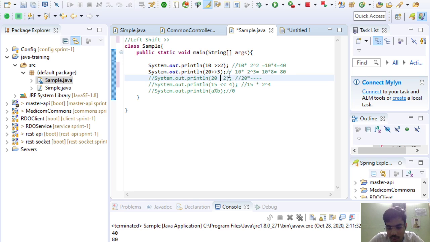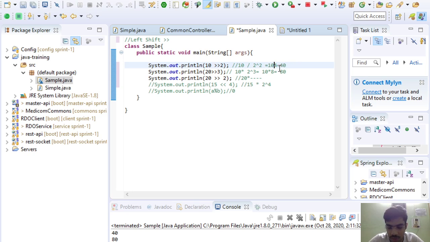Okay, let's add that also. What is different is that in the left shift operator we multiply. Here we will divide. The main difference is that the right shift operator divides. If you want to understand it in a practical way, I will explain that.